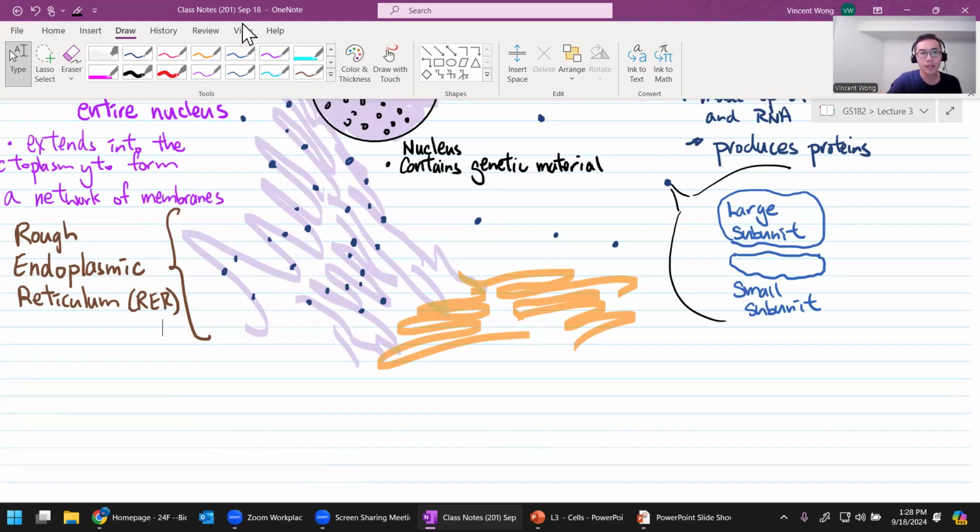On the other hand, we have the same kind of network, an extension of the nuclear envelope, but they do not have ribosomes on them, so they appear to be smoother. We call them smooth endoplasmic reticulum.